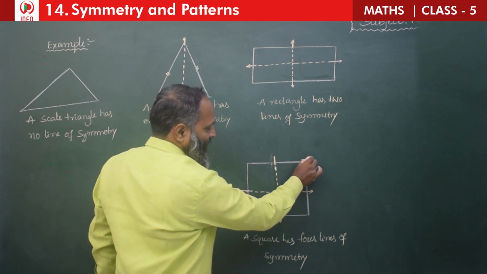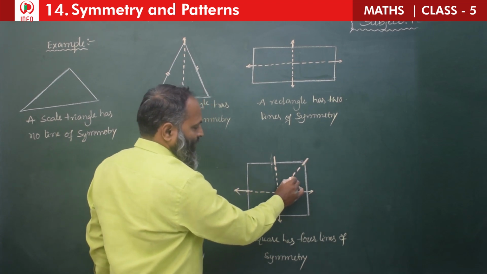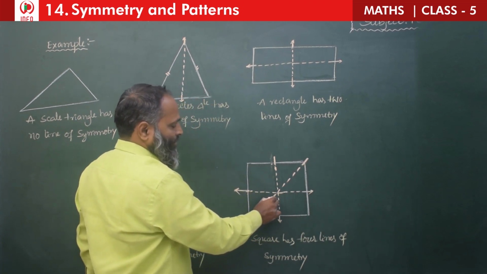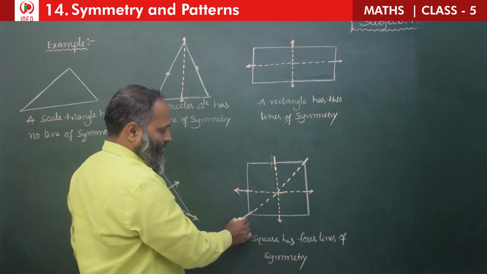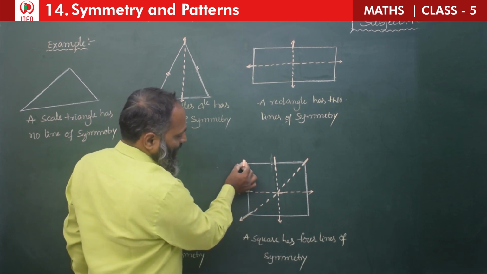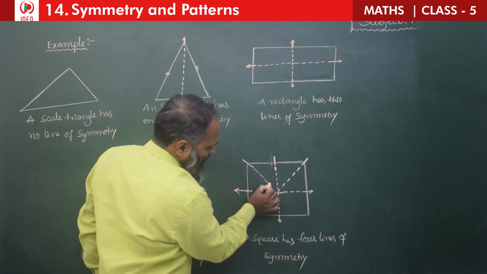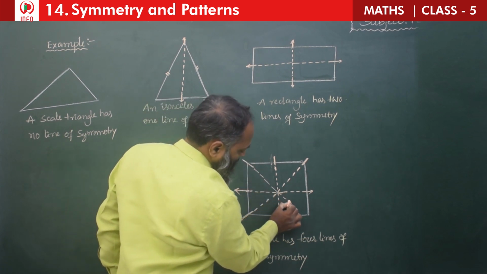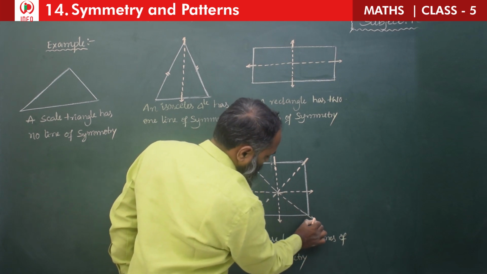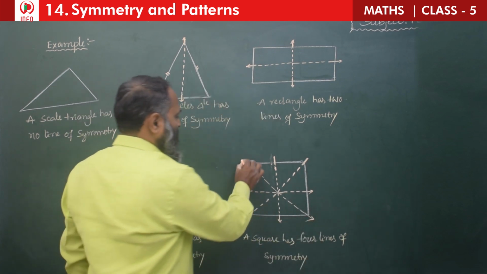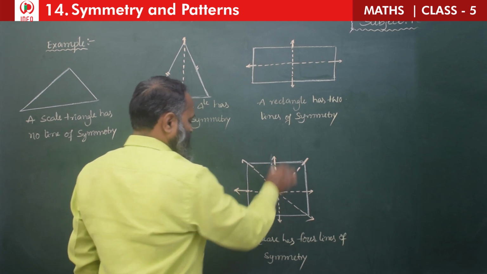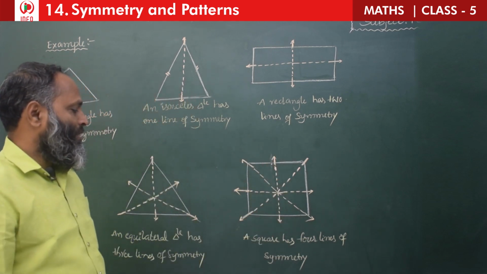Then a diagonal. A diagonal also divides the square into two equal halves. Another diagonal also divides the square into two equal halves. Total four lines of symmetry.